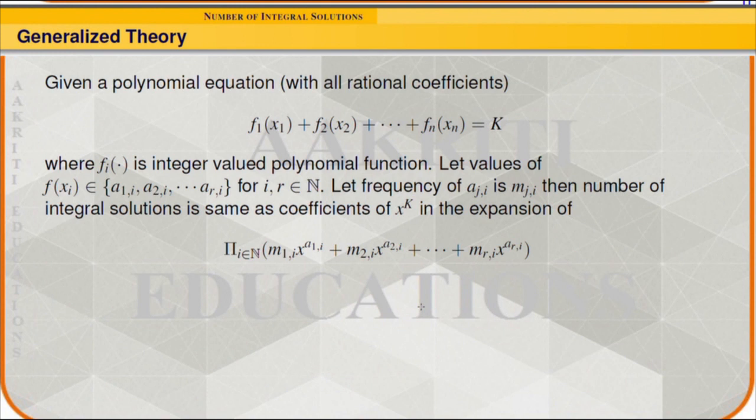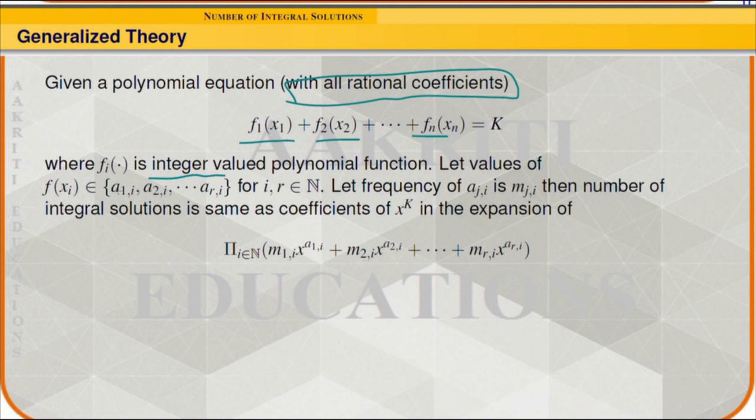So in summary, if we need to find the solution of a general equation, we have limited our discussion up to the polynomial equation. So all f are polynomial functions with possibly rational coefficients. We can convert all the rationals into integral coefficients, so all these are integral valued polynomial functions.